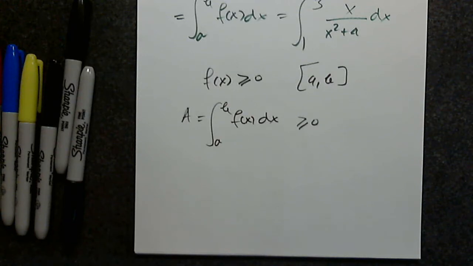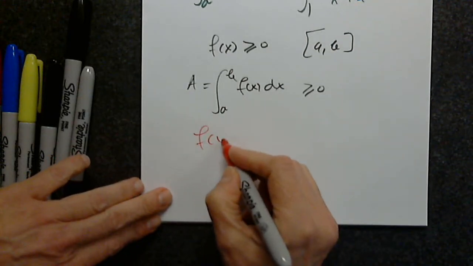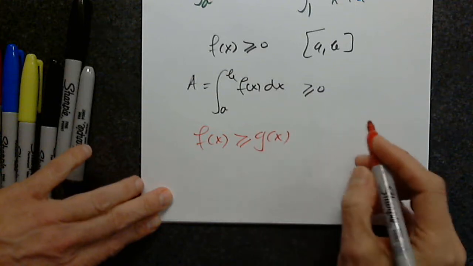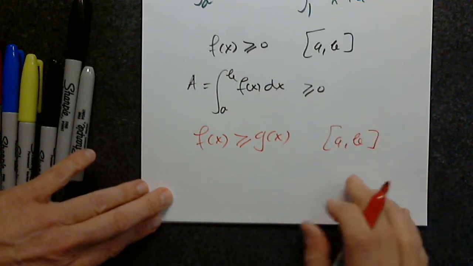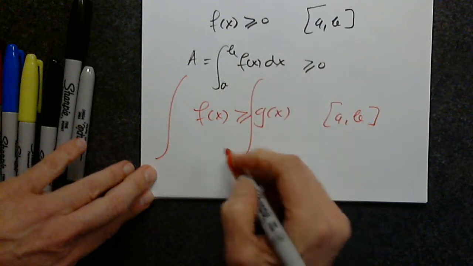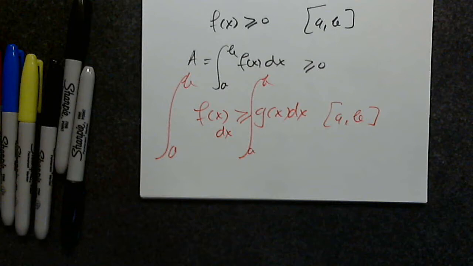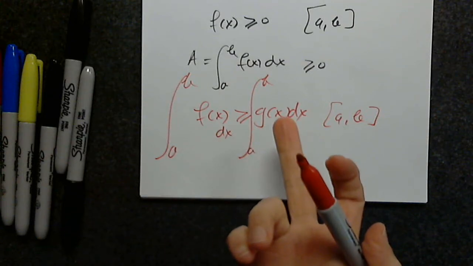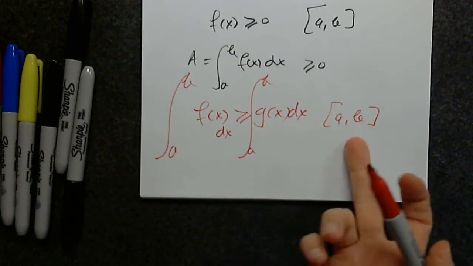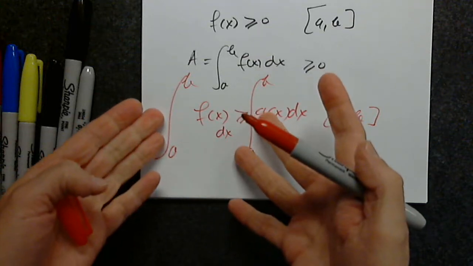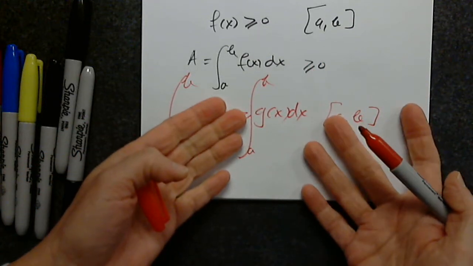The second property, also common sense: if f of x is greater than or equal to g of x on the interval a comma b, then the integral from a to b of f of x dx must be greater than the integral of g of x dx. If this function is above this function between a and b, obviously the area under f of x must be larger than the area under g of x.